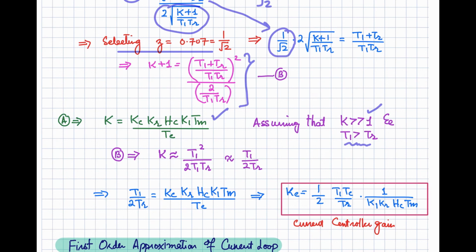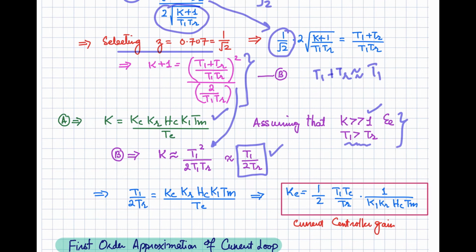So T1 is quite large as compared to TR. With these two approximations, T1 plus TR can be considered approximately equal to T1 if TR is quite small as compared to T1. Using this approximation, we can write it like that, and K will be given by this equation.